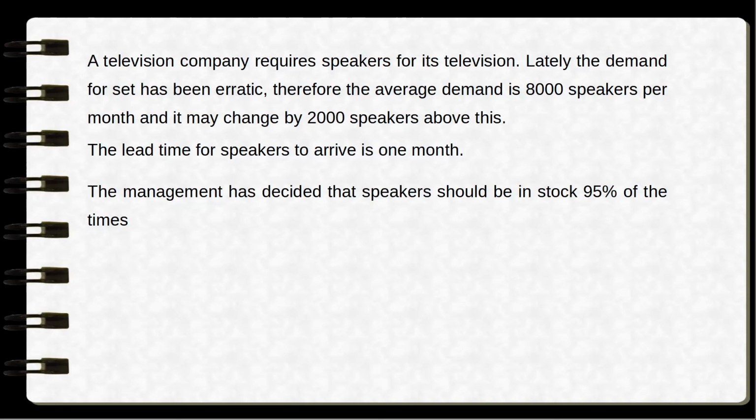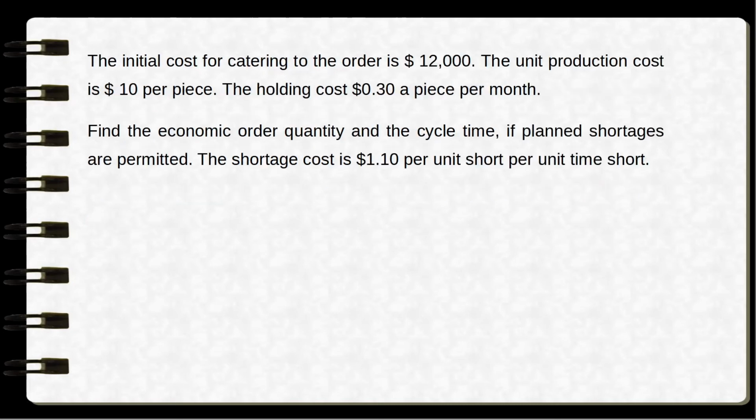The lead time for the speakers to arrive is 1 month. The management has also decided that the speaker should be in stock 95% of the time. Now the initial cost for placing the order is $12,000. So K is $12,000. The unit cost of a speaker is $10.